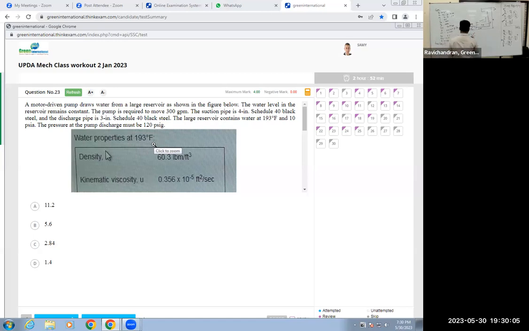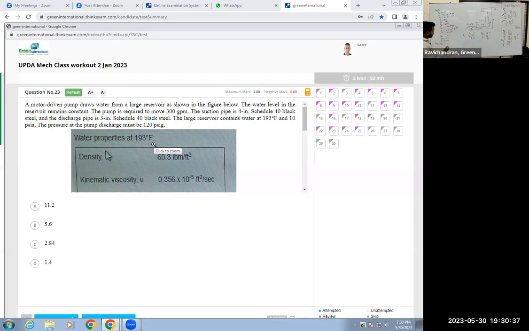So what are the parameters we know? F is known and LE we need to find. V is not given, but we know Q is equal to AV. From here we can get V as Q by A. We know Q and area we can find, right? And G we know, D also we know.